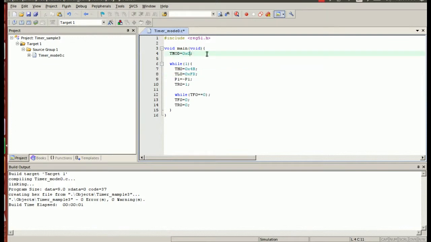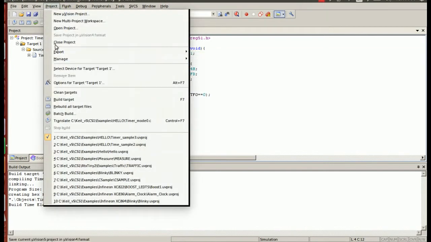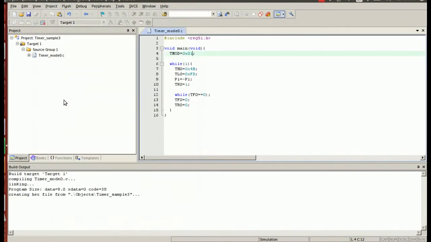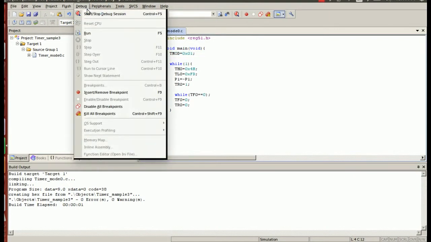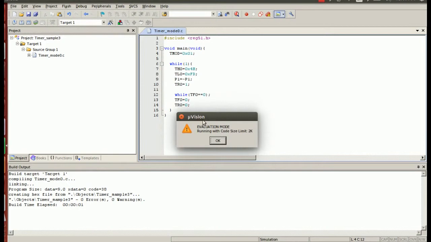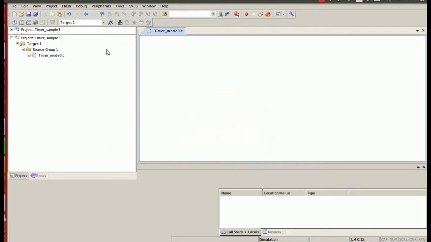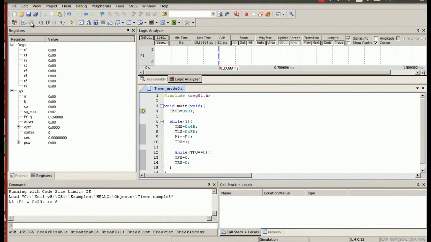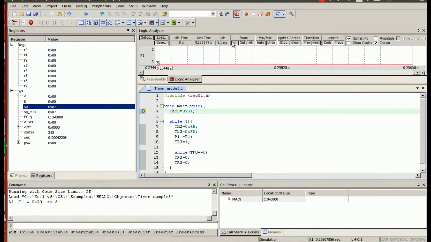Okay, and the timer is in mode 1. Okay. So let us compile this project. Okay, and let us debug this and run this program.